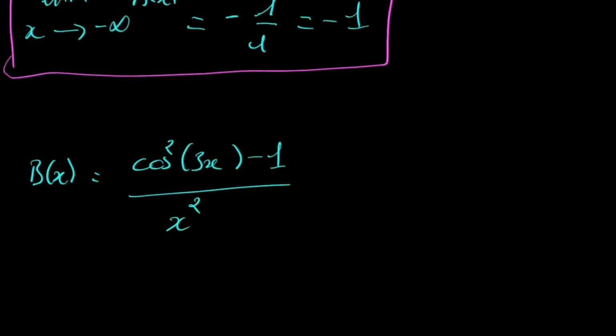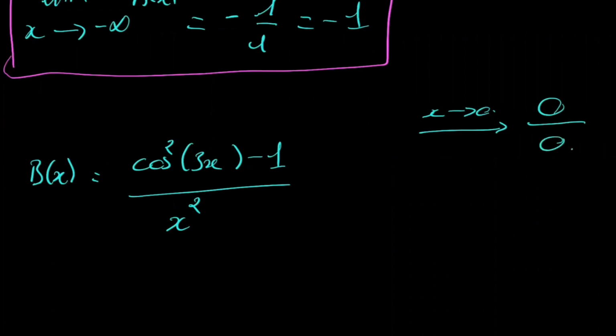So we are looking for the limit when x tends to 0. And when x tends to 0, we will have cosinus that tends to 1, so we will have 1 minus 1, 0 over 0. This is an undefined form as well, of the form 0 over 0.